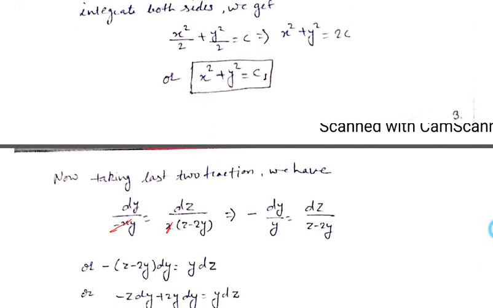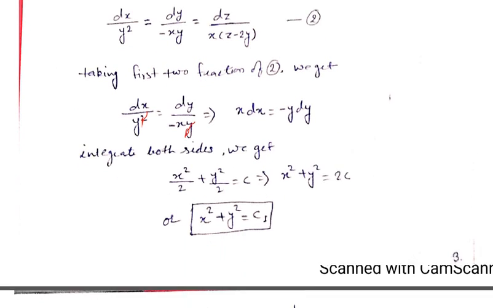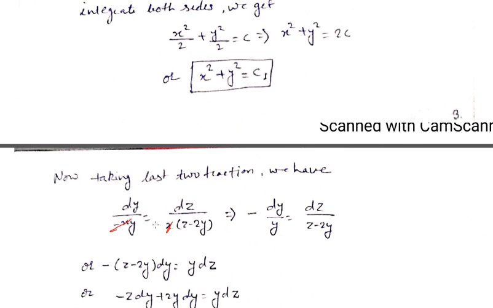Now to obtain another integral, we choose the second and third fractions, because from here x can be easily cancelled out. So when we choose the second and third fractions, we get dy upon minus xy is equal to dz upon xz minus 2y. When we cancel out x, we get minus dy upon y is equal to dz upon z minus 2y.